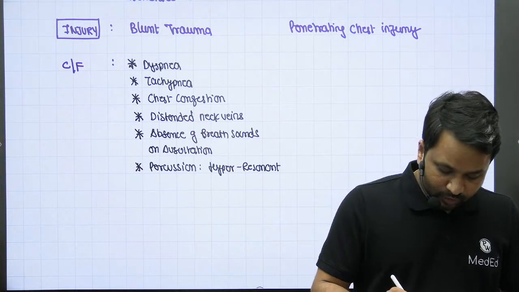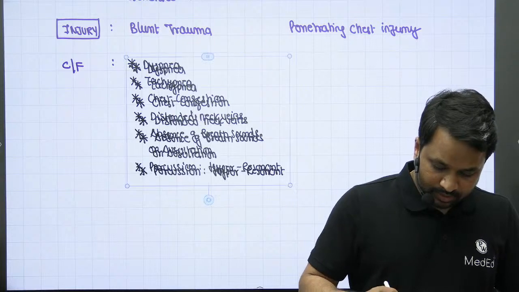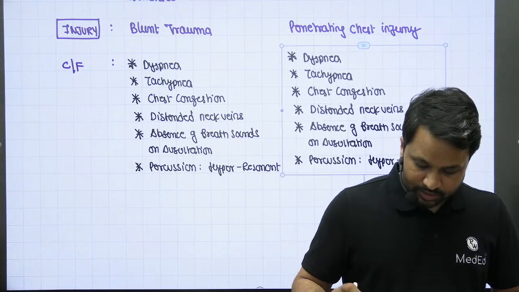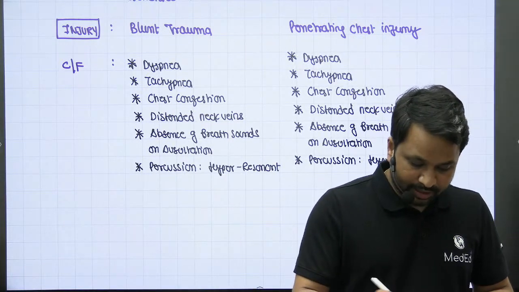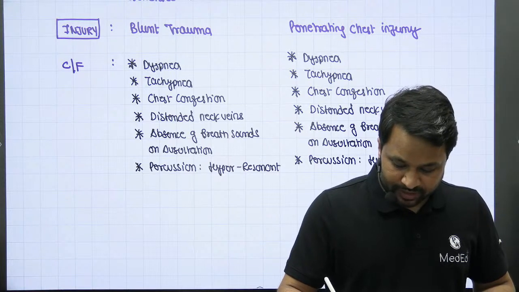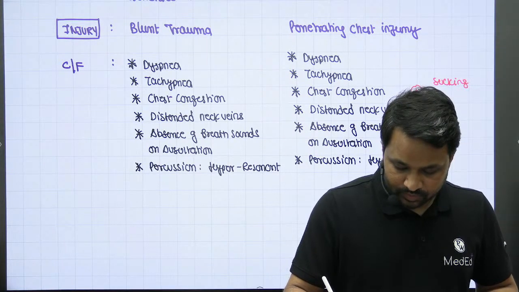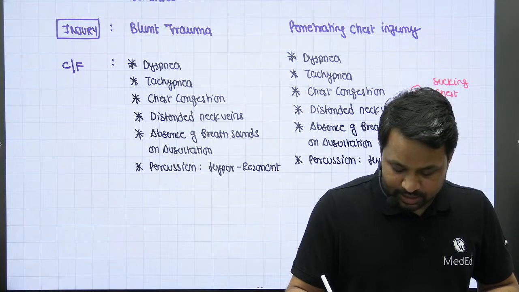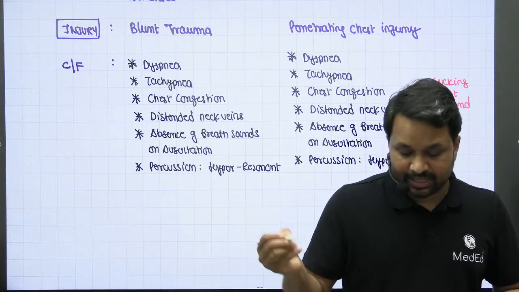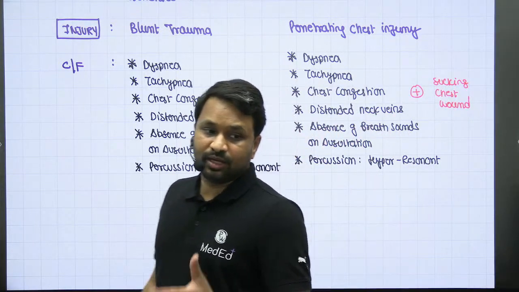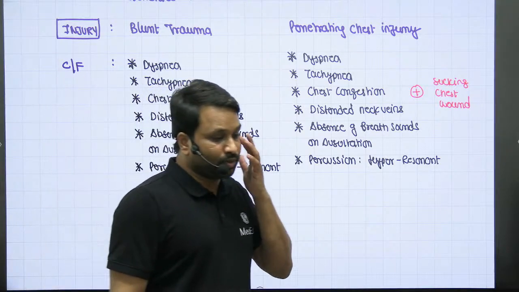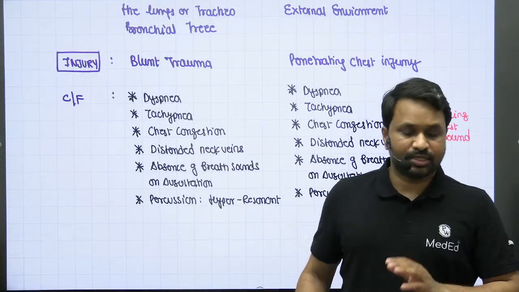Everything that we have told will be present in penetrating chest injuries also, but additionally in penetrating chest injury you will find there is presence of a sucking chest wound. Now what is this sucking chest wound? It is the wound from where the air is entering into the thoracic cavity, and this is what we call a sucking chest wound. This is for penetrating chest injuries.